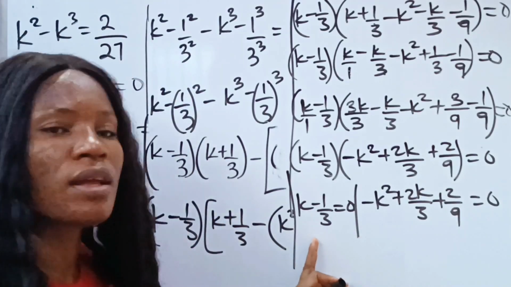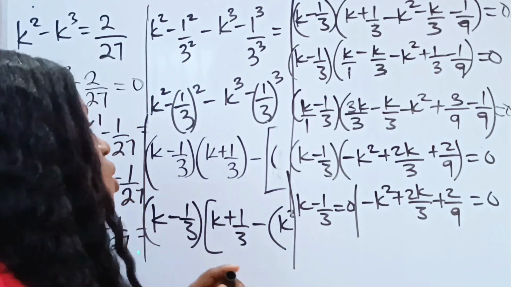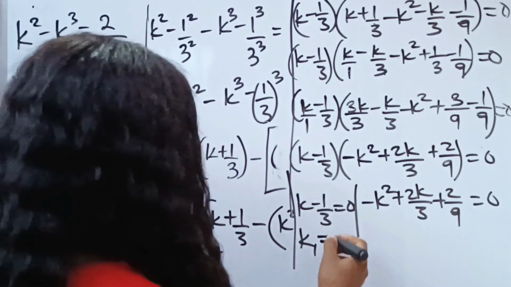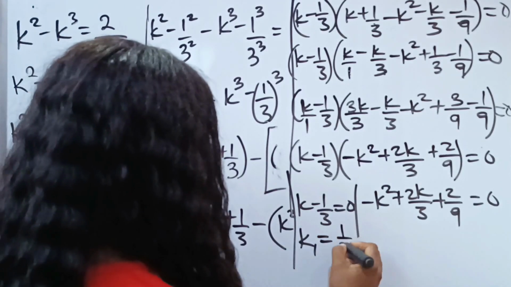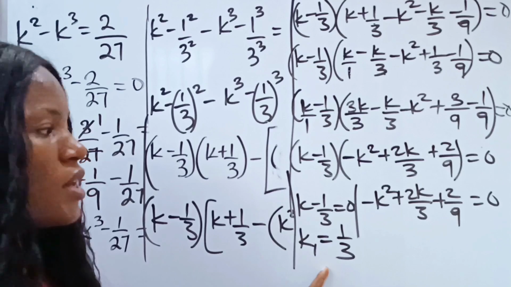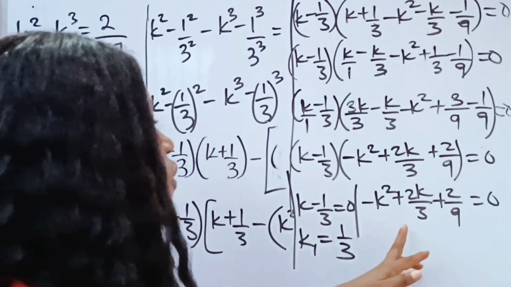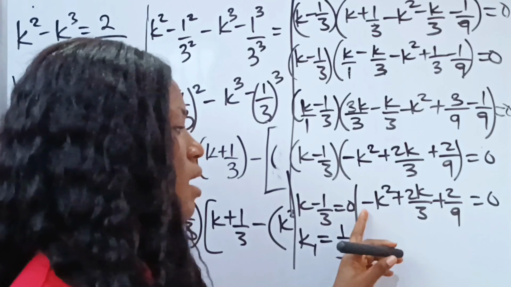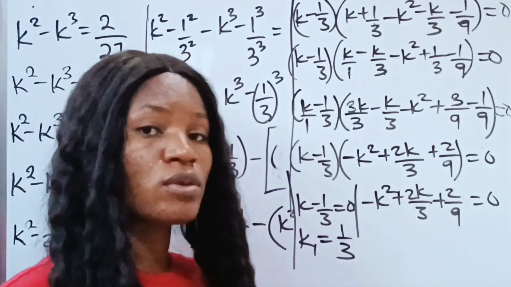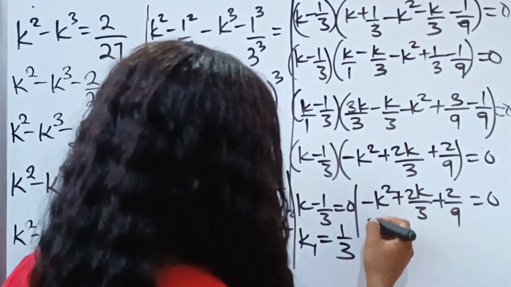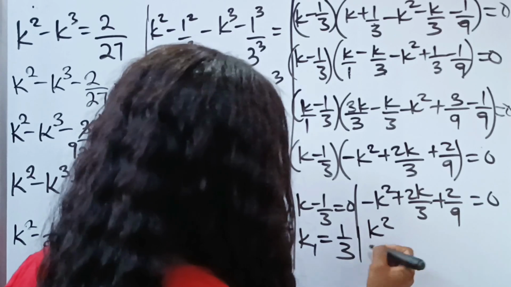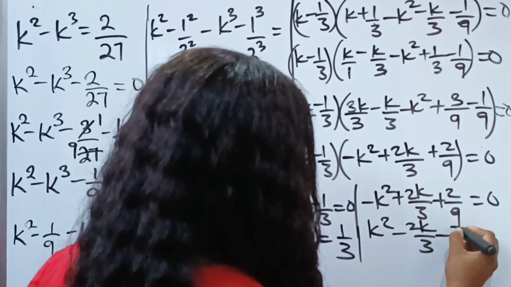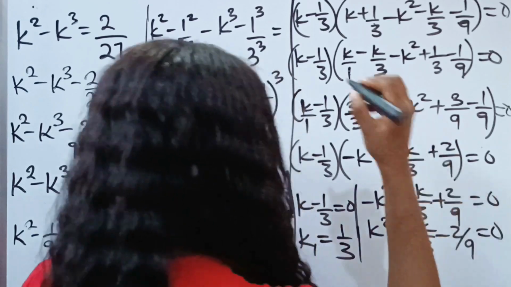Now if we solve the left hand side, we are going to have that k, that is the first value of k, is equal to, this will cross to become 1 over 3. So this is the first value of k. Now for the second value of k, we have to remove this negative sign, and to remove it, we multiply through by minus 1. So when we do that, this side becomes k squared minus 2k over 3 minus 2 over 9 is equal to 0.